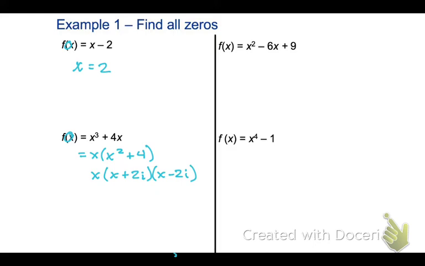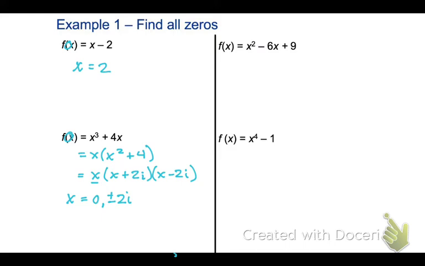Because with my conjugate pairs, that would be negative 4i squared. Correct? And the i squared would make it a positive 4. So my zeros, did you say 0 also? Okay. 0 and plus or minus 2i.